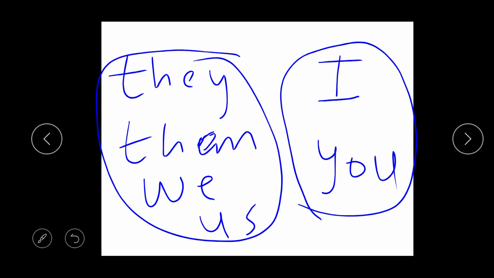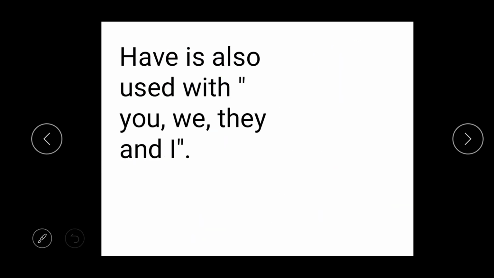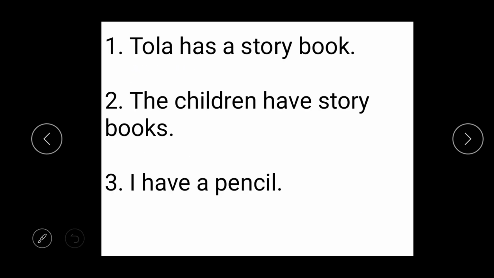So when you use I and you, you should know that you are going to be using the verb have. Is that okay? So like I said, have is also used with they, you, I, and so on. Good.